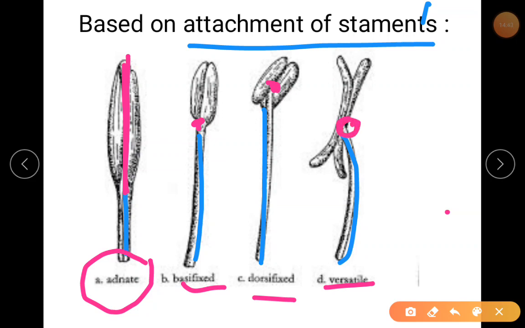Okay, here let me tell you, there is little attachment downward also, so that the position is firm. Here it is only in the middle, not even going a little aside for the connection or for the support. So this can easily move up and down like a seesaw. So that is why it is called as versatile.